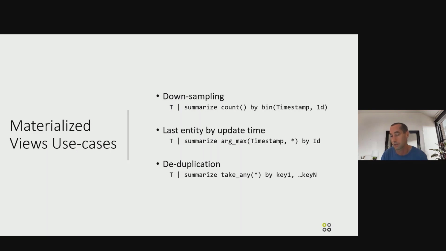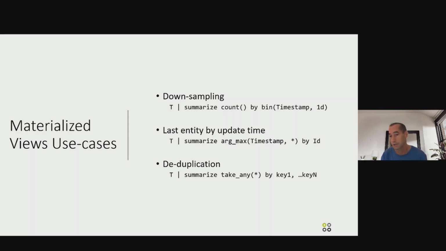In Kusto we have a very nice function in the summarize operator called arg_max. arg_max allows you to say, based on this column, get me the last row that has all the different values in this row, by any dimension. It can be by ID, by tenant, by sensor, or something like that.